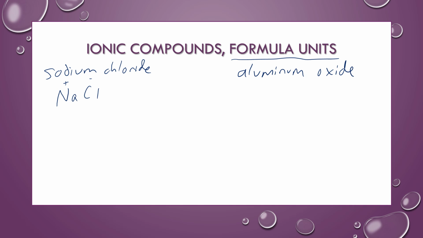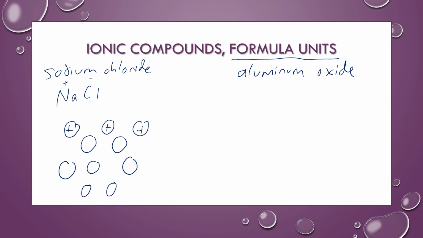Now, in an actual lattice structure, you're going to have positive ions and negative ions in this repeating lattice here. And all of this means is that it's not easy for us to tell whether this is a compound or this one's a compound.